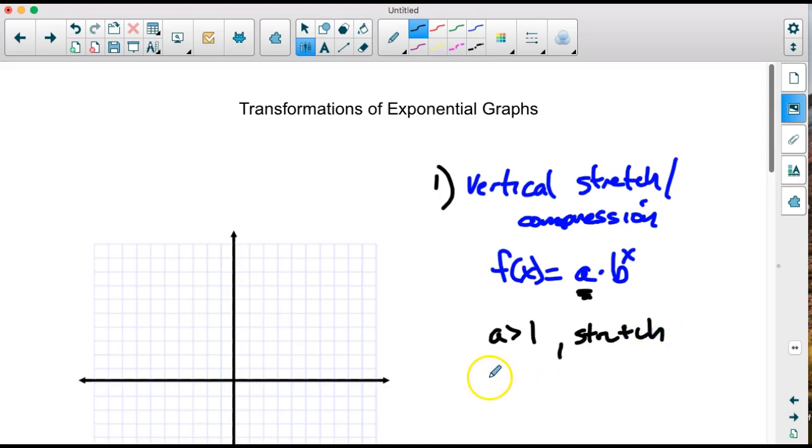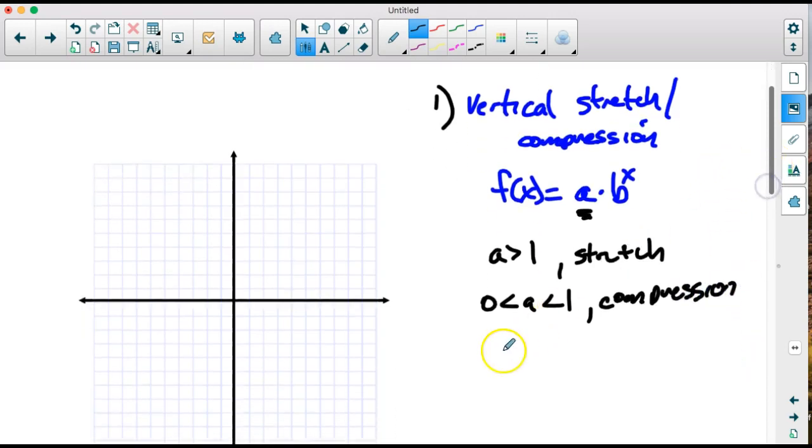If it's between 0 and 1, it's going to be a compression. And if it's negative, then it's going to be an x-axis reflection.